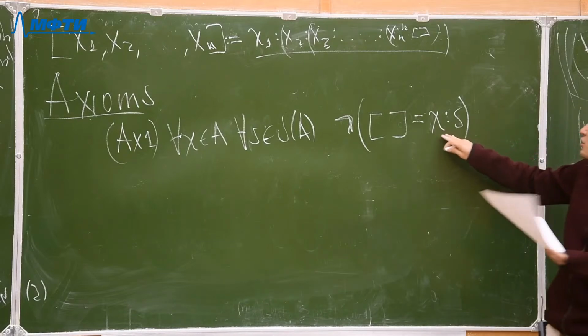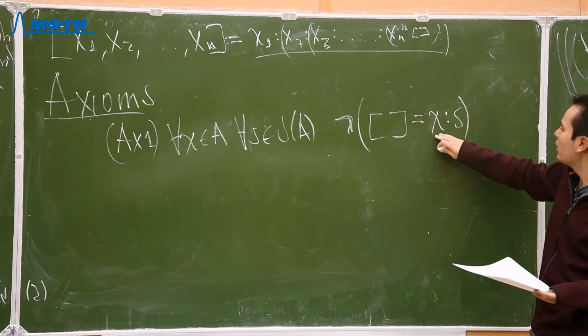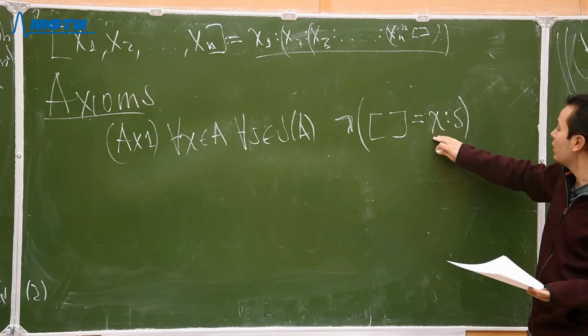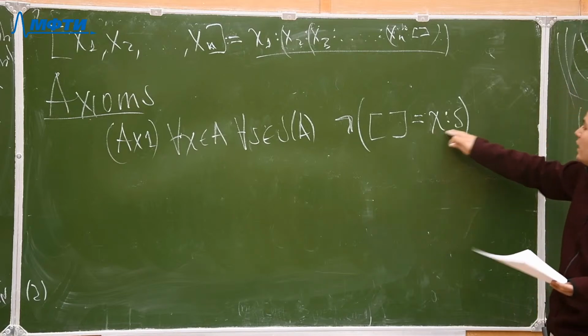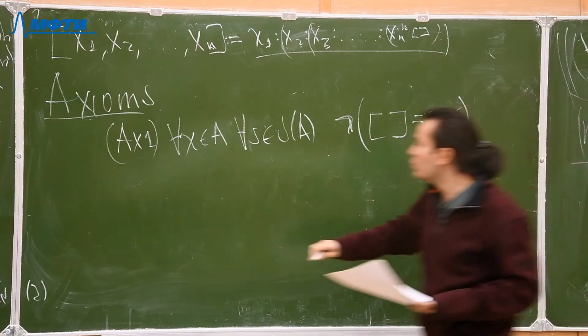So we cannot construct the empty string if we add some symbol from A to some existing string S. This is the first one.